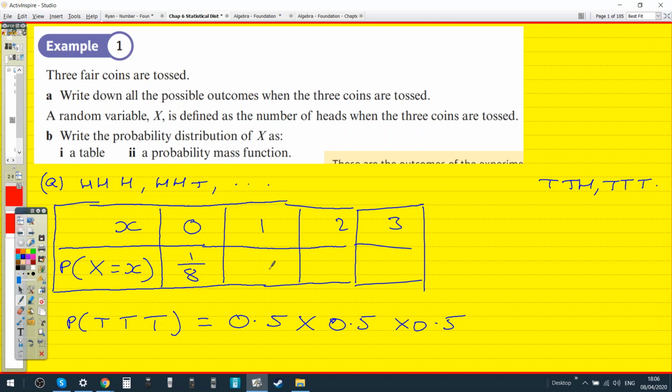Okay. Probability 1 coin lands on heads. Just 0.5. You flip 3 coins.